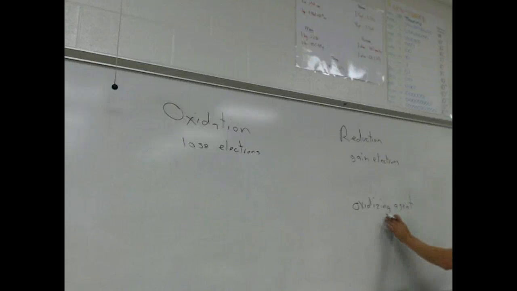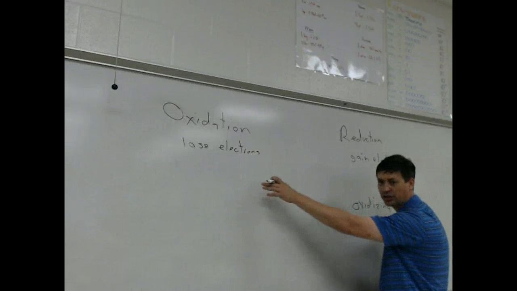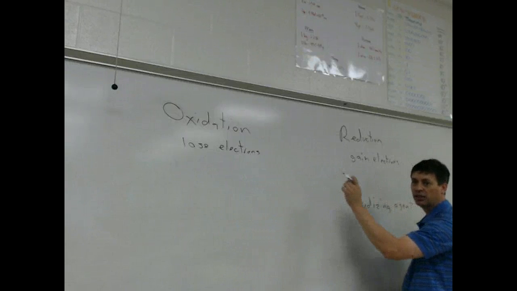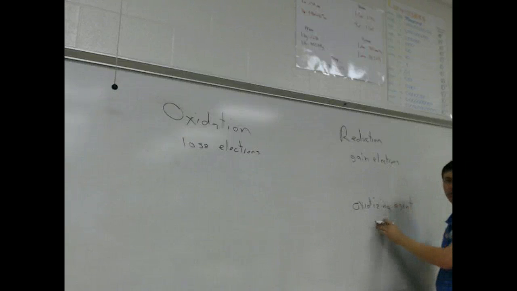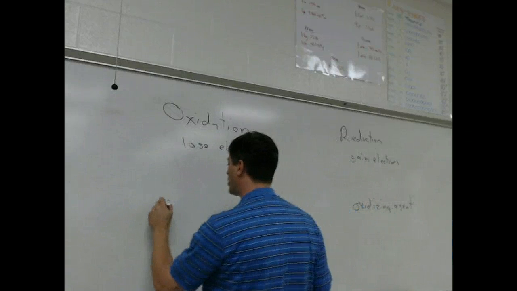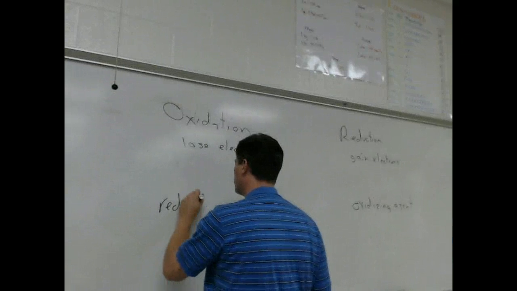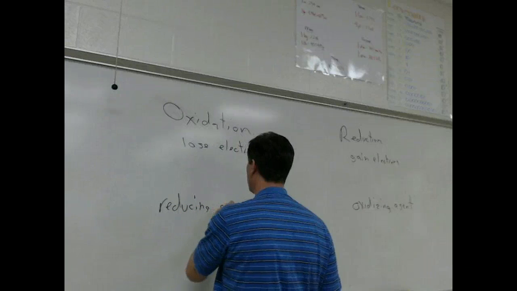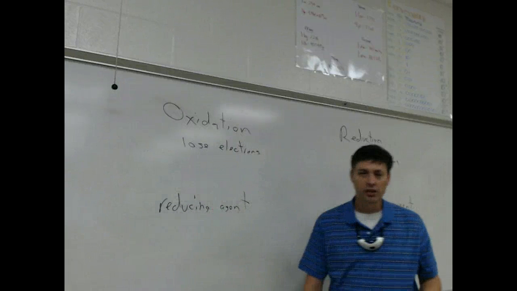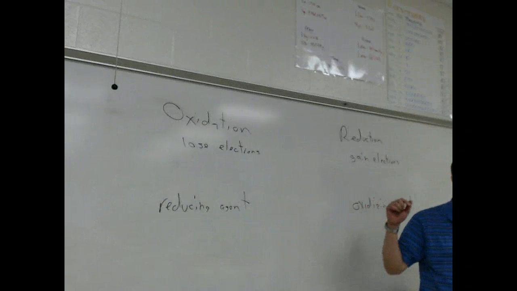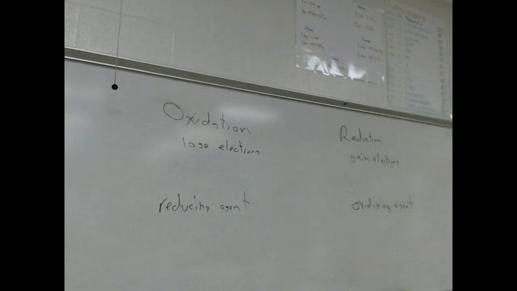So the oxidizing agent causes the other species to be oxidized. It is reduced. The reducing agent gets oxidized. It's like if you have a travel agent.